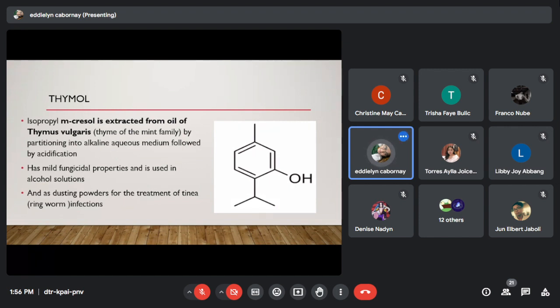It has fungicidal properties and is used in alcohol solutions. It is also used as a dusting powder for the treatment of ringworm infections.